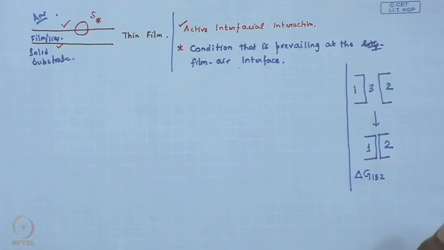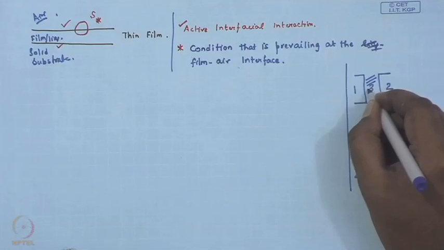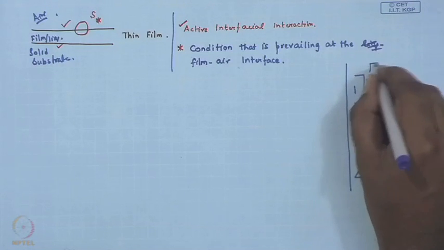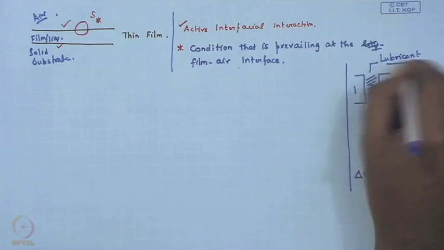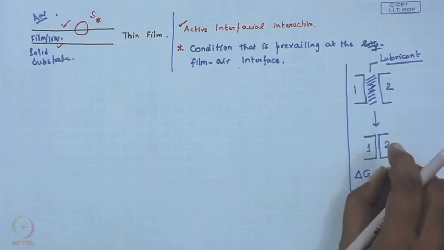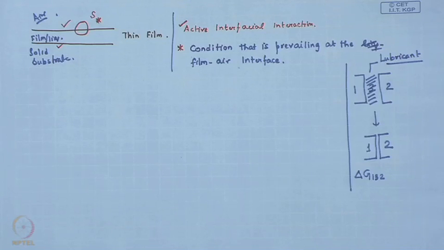But think from the other point, if you are now talking from the point of lubrication, let us say this 3 is the lubricant. Okay. So, in that case you will never want the liquid layer of 3 to drain out and 1 and 2 come in contact.